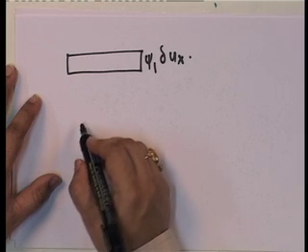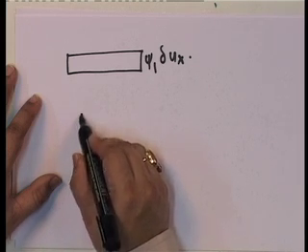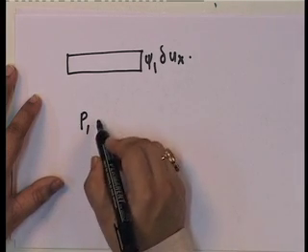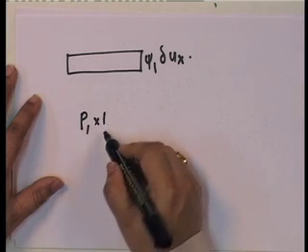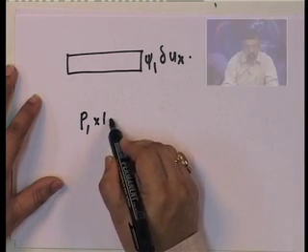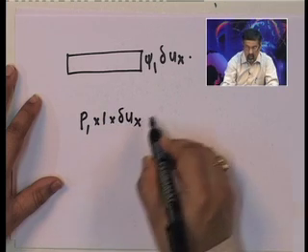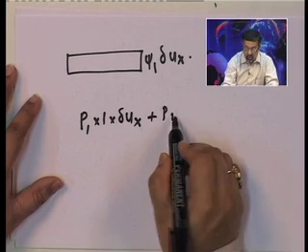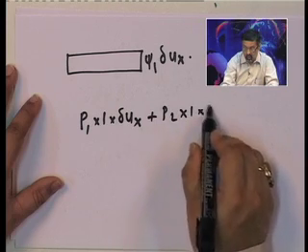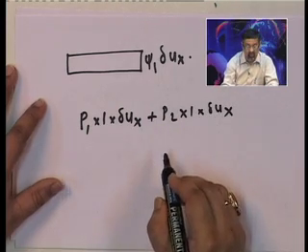So, if I look at this, this is my xi 1. So, then what do I get? I get the following. The force P 1 undergoes 1 into del u x positive, P 2 into 1 into del u x.